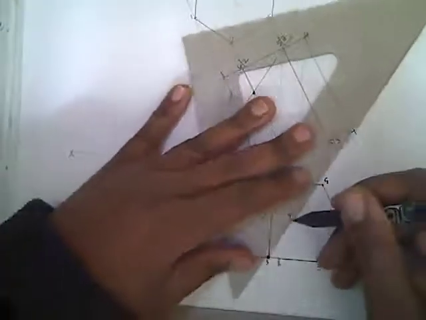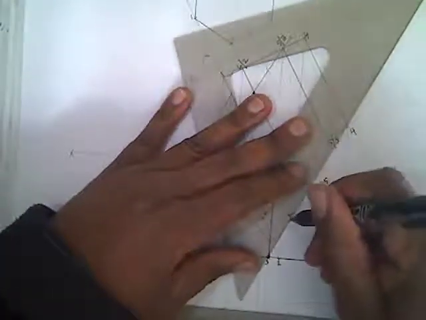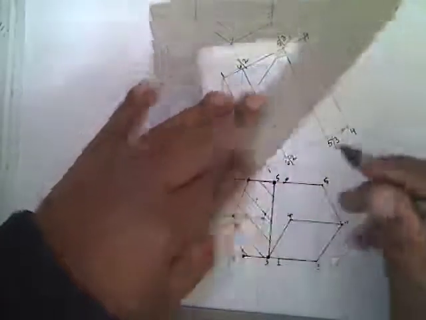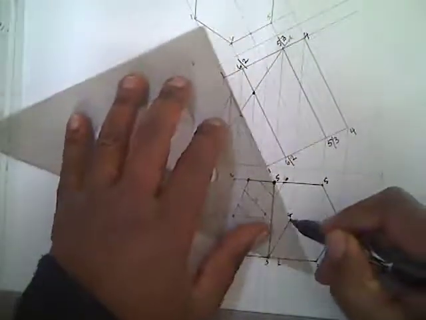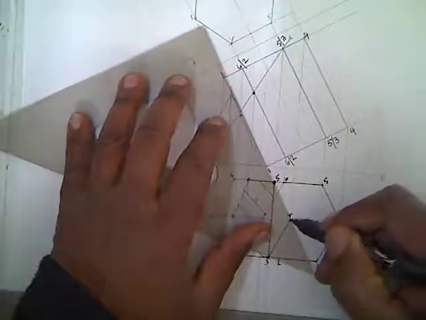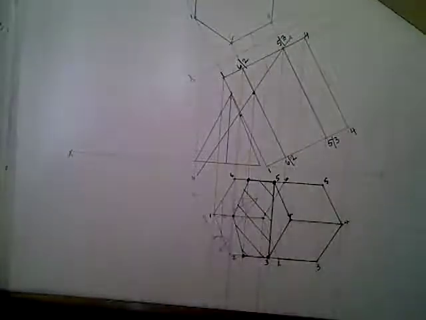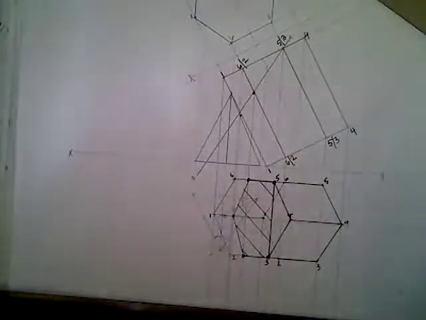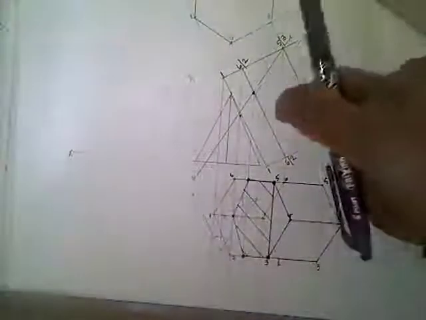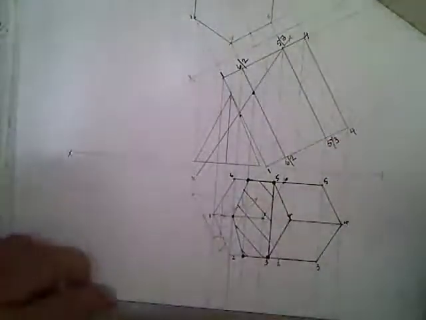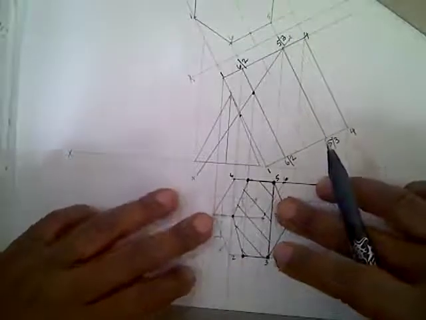From 3 to 4, you are able to see that. And then from 4 to 5, you are able to see that also. This is what you're going to have. That's it for our hexagon prism.